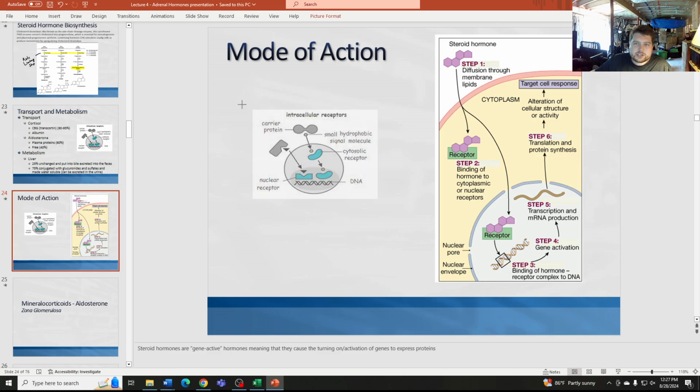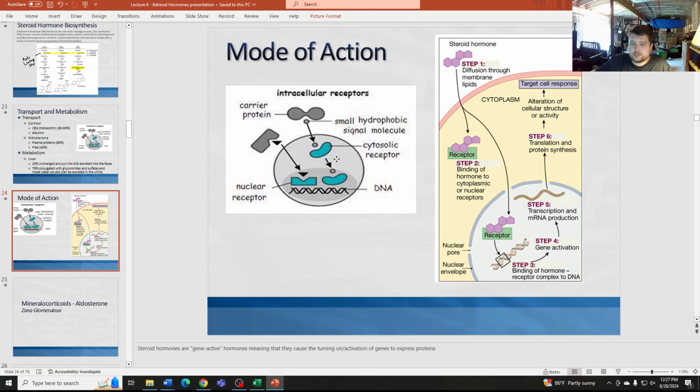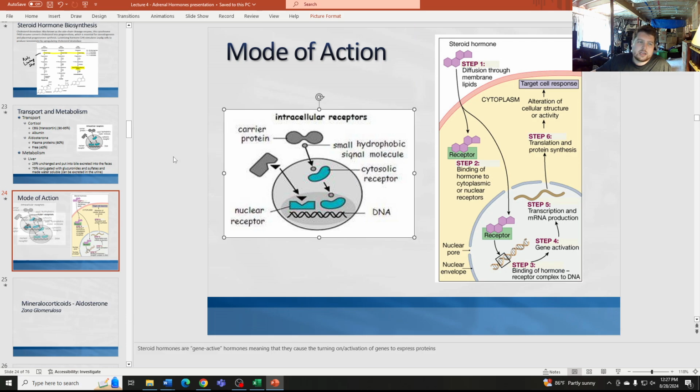Mode of action, all of these as well. These are going to be nuclear receptors because they are steroids. They're known as gene active hormones that go into the nucleus in order to bind directly onto receptors which impact the DNA to cause production of different proteins and mRNA transcription, all that kind of stuff, to change the function or the activity of the cell.